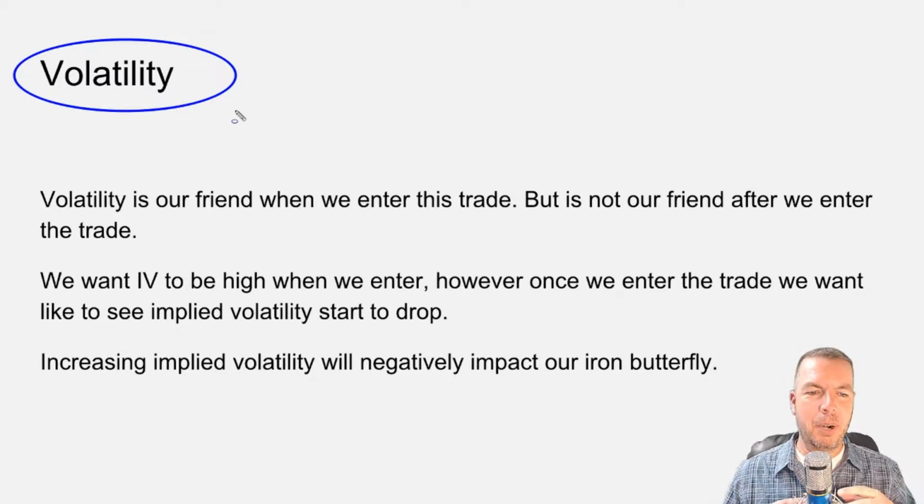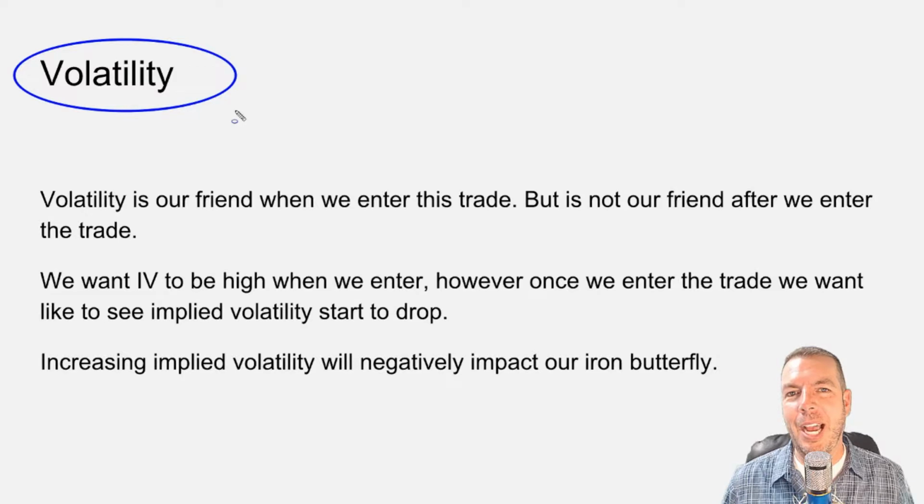The market makers have put a lot of premium in those option prices, and so the prices of all these options have really shot up. So we want to sell at times when implied volatility is really high in order to capture as much premium, or credit, as we can. Premium and credit go hand in hand. We want to collect as much credit as we can.